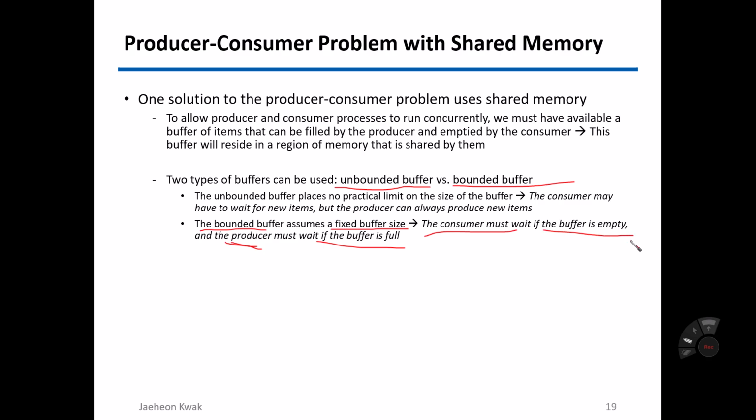And when the buffer is empty, the consumer has to wait for the producer to generate some new data. However, as for the unbounded buffer, there is no practical limit on the size of the buffer. The consumer still has to wait for new items when the buffer is empty. However, the producer can always produce new items because there is no limit on the buffer size. The buffer size is unlimited, so that is the difference.